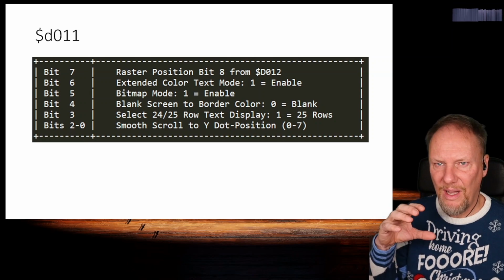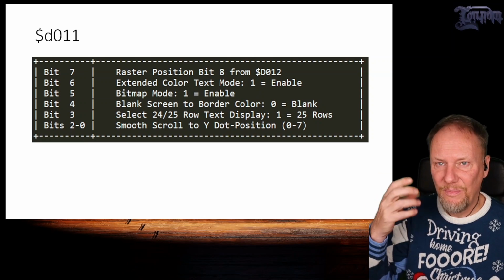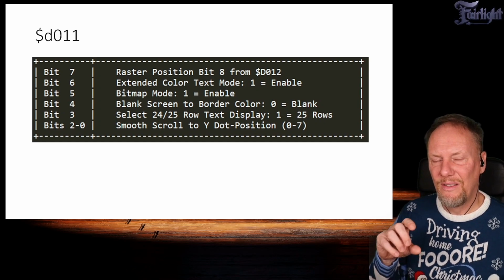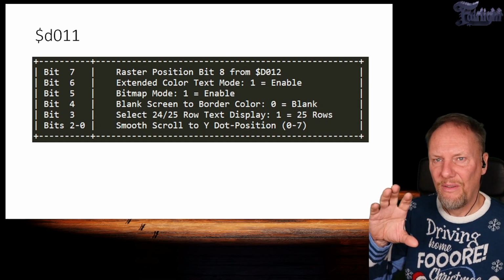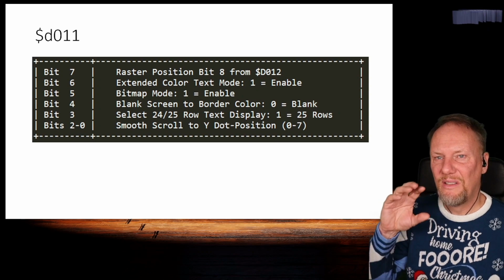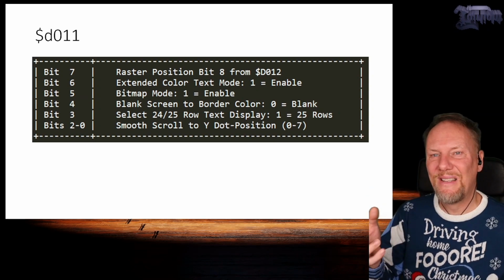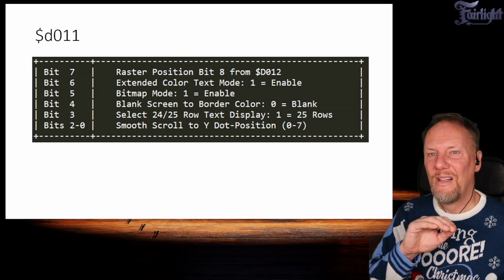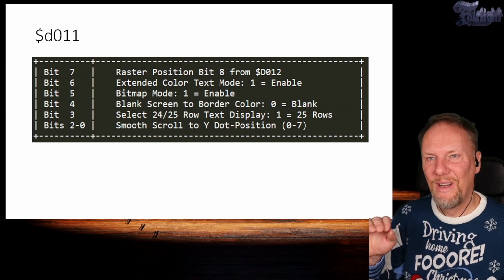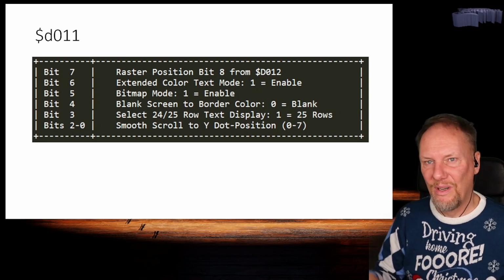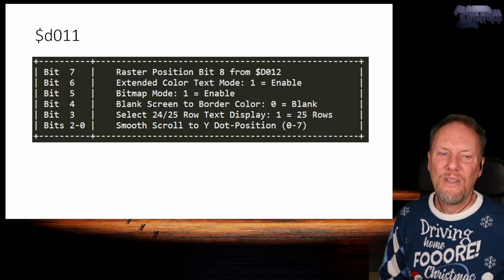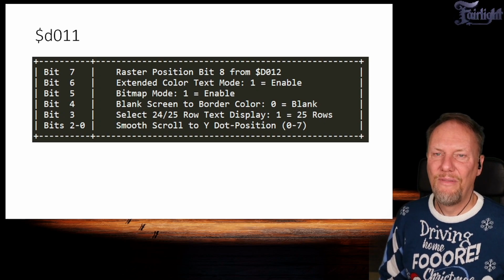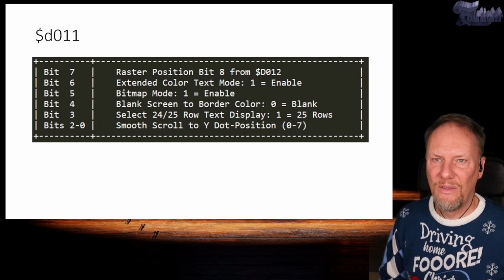D012 can only hold values up to 256 because it's a byte, but there are actually more lines than 256. So there needs to be some sort of extra bit to tell if it's passing into row hex 100, up until all the lines are there. So you basically also need to set D011 if you want to set the raster interrupt.